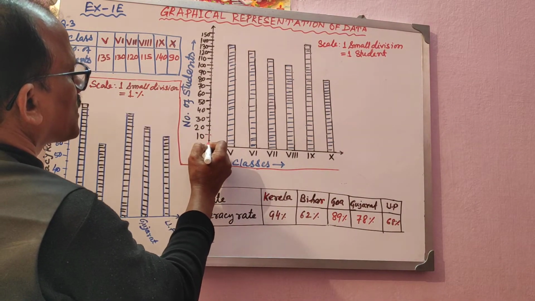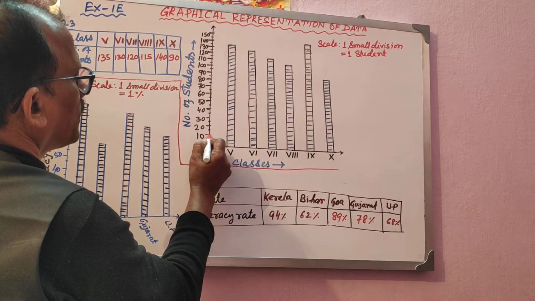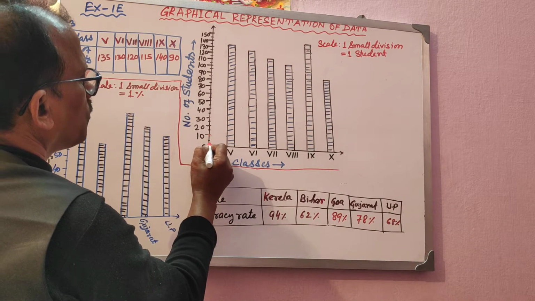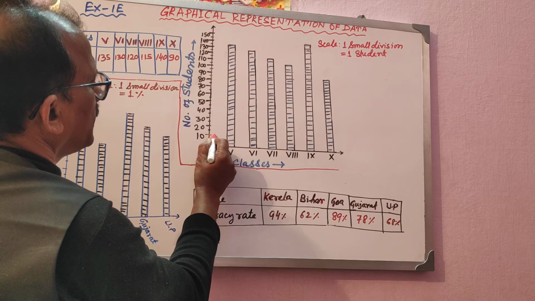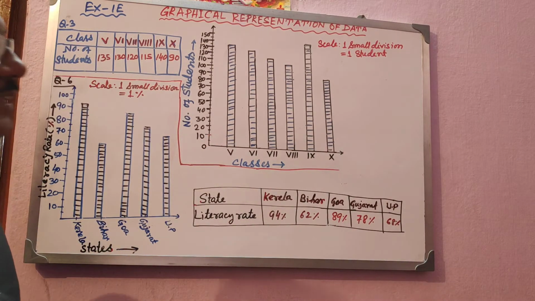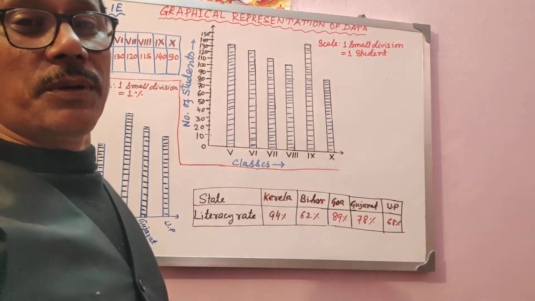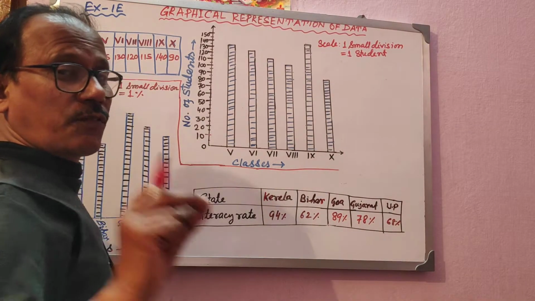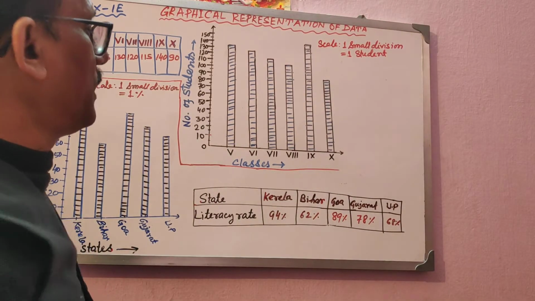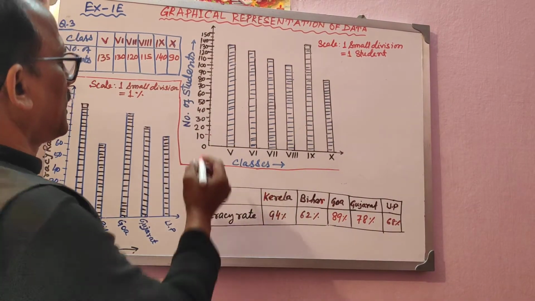Here small divisions are there. Up to here 5, up to here again 5 plus 5, 10. Up to here it will be 1 centimeter or 1 inch. So 1 inch will be representing 10 students, or 1 centimeter will be representing 10 students. Therefore one small division will be representing 1 student. That is the scale that you have drawn.